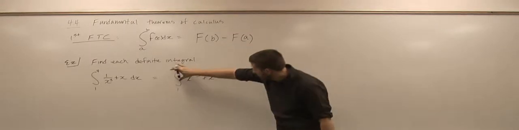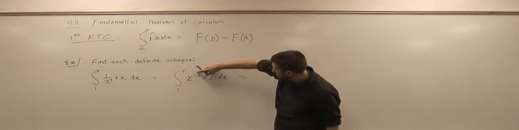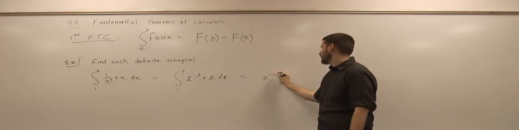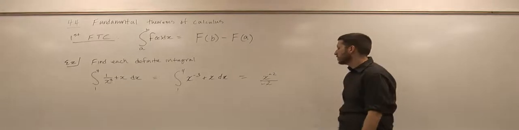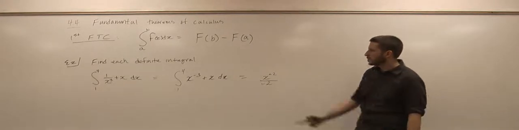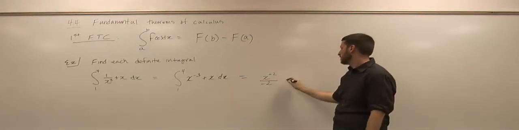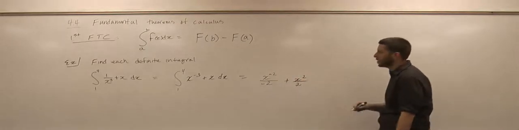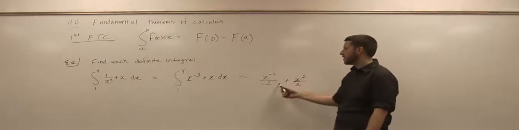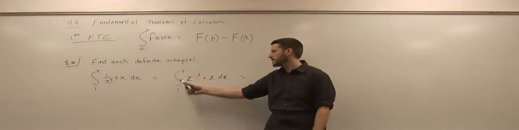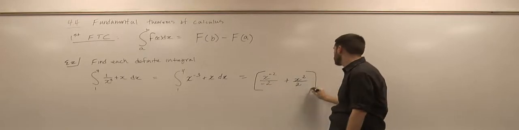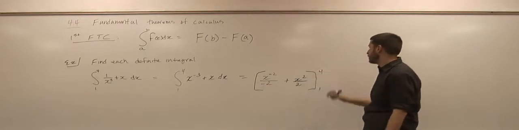So to do this definite integral, first we're going to find an antiderivative. We add 1 to the power, which makes it negative 2, divided by negative 2. We do the same thing for the x to the positive 2 divided by positive 2. So this is our antiderivative, but because we have a definite integral, we have to evaluate this from 1 to 4.